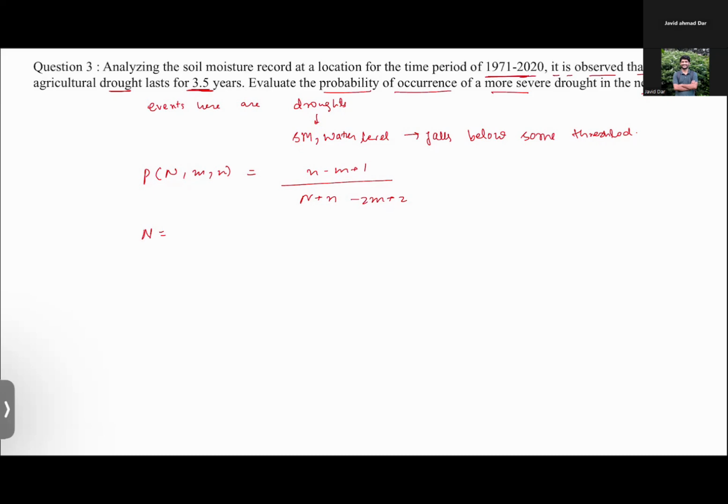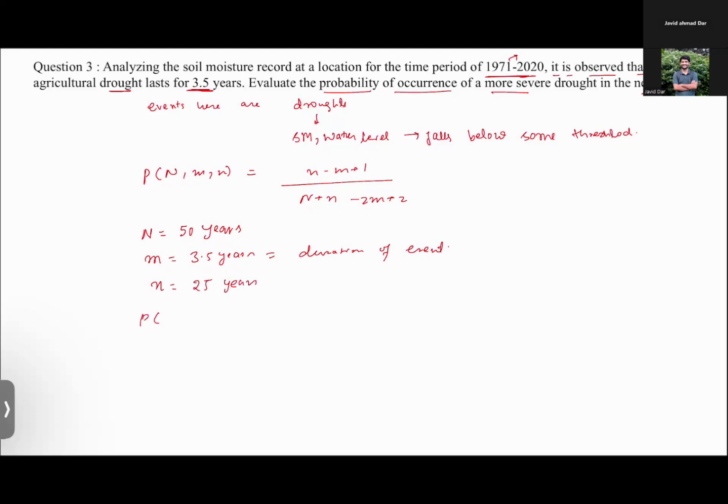So this will cover 50 years. Similarly, your m will be 3.5 years, which is the duration of the event. And your small n is the number of years in which you are expected to have a more severe drought, which is 25 years.